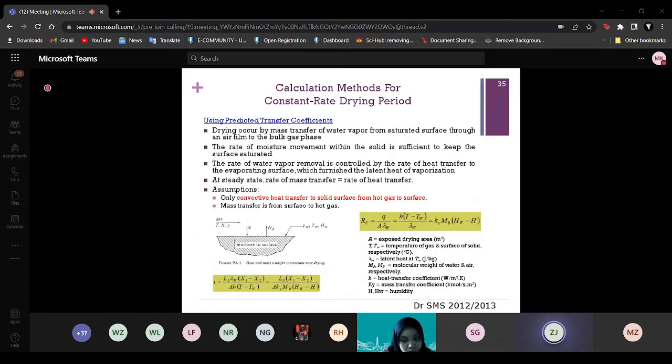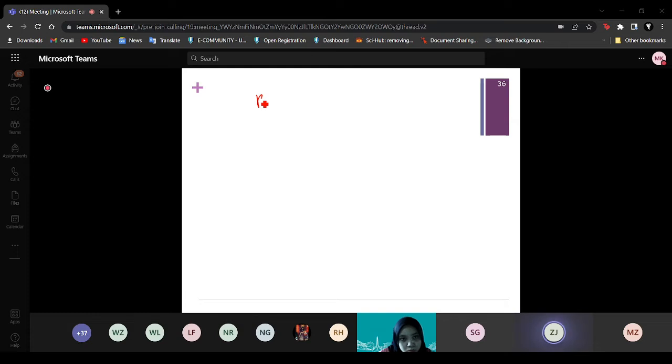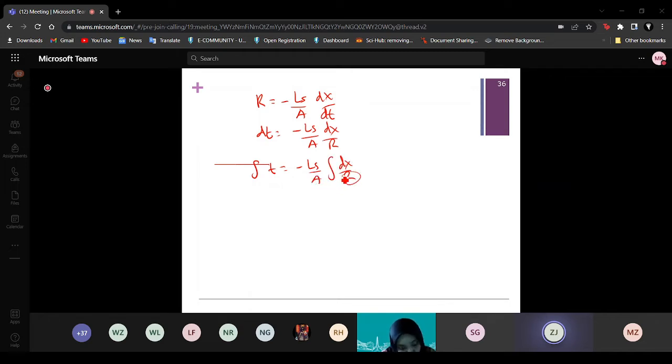Okay, so again, let me try to derive it. R equal to minus Ls over A, dx over dt. So it's a very simple arrangement. So dt is equal to minus Ls over A, dx over R, because you are bringing it down there. So now you integrate t, alright, and minus Ls over A, integrate dx over R. So now R is constant, pull it out there.